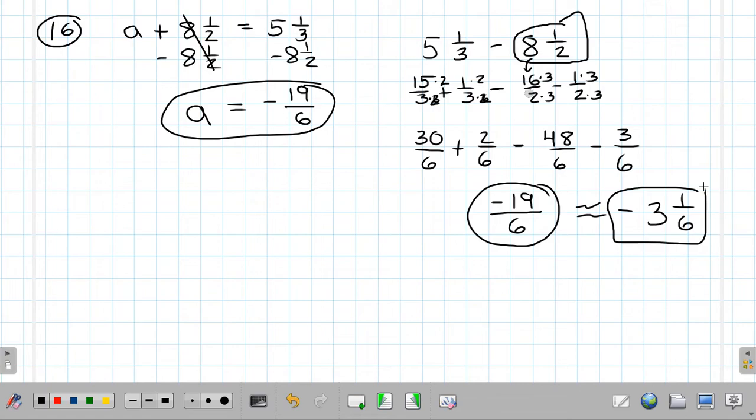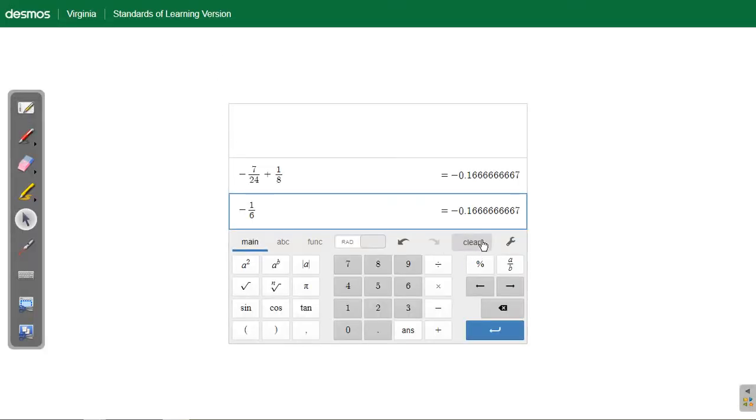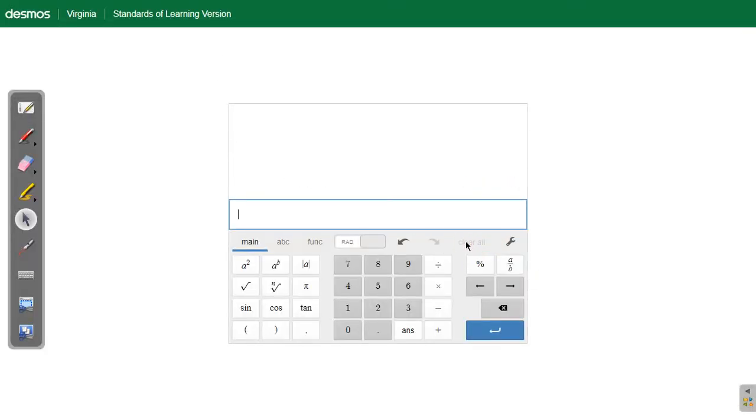But like I said, you don't have to do that, because if you go over here to the calculator, let's clear all this out, clear all. Once again, what do we have? Well, we have 5 plus 1/3. Once again, this is because we're dealing with a mixed number here, minus 8.